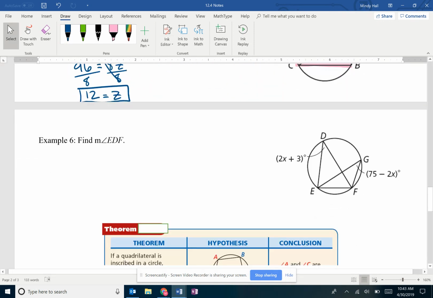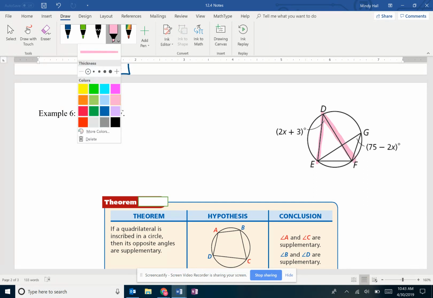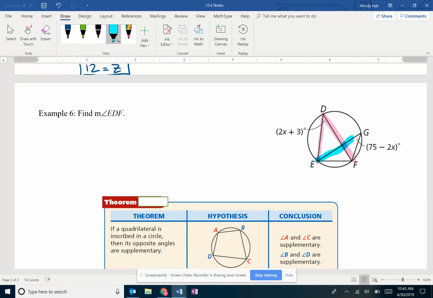For the measure of EDF, we are looking at E to D to F. If you notice with this other angle, even though it's off to the side, it's still making the same arc, so I know they're going to be equal to each other. So 2x plus 3 equals 75 minus 2x.